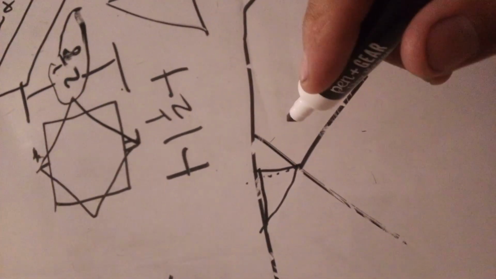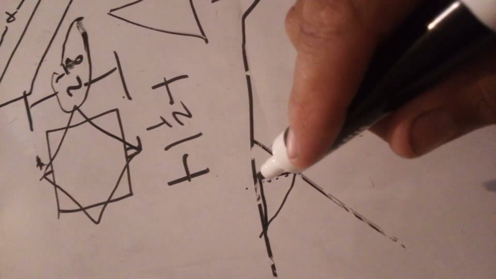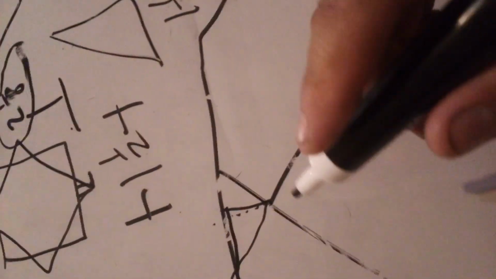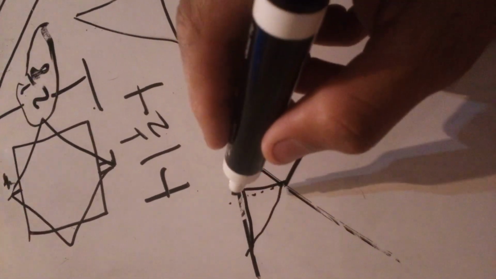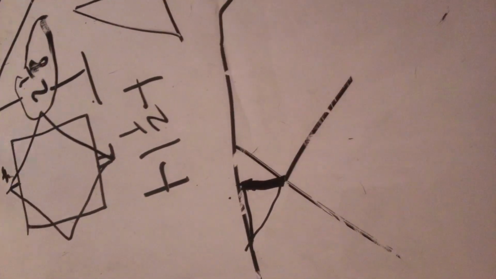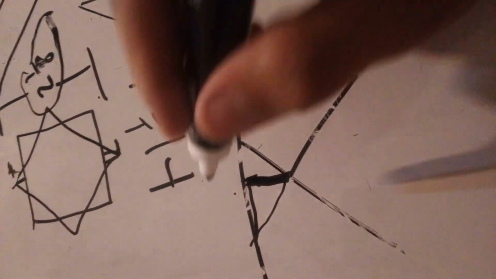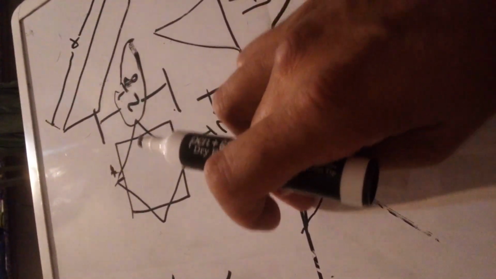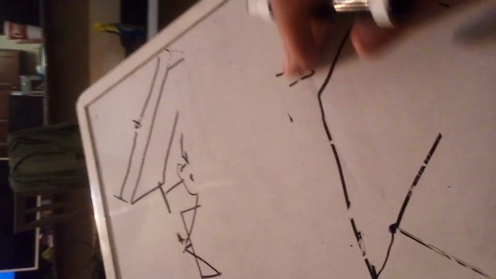I don't know, equilateral. But we're going to know this distance right here. And I didn't clarify that. Maybe in the description you'll catch it. But let me erase some of this stuff.